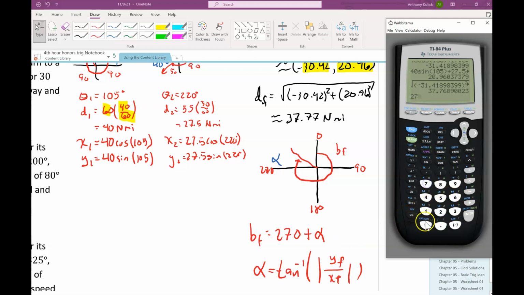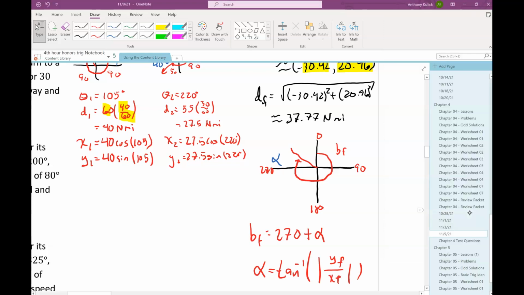So 270 plus tan inverse, absolute value, y over x. So 303.71 degrees.